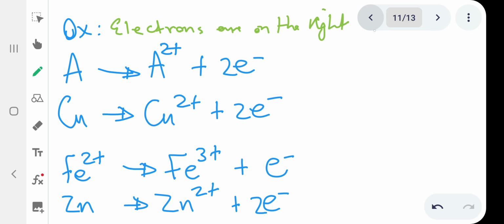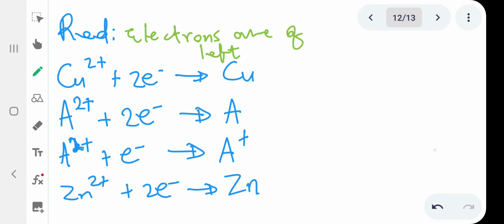So in this case, we have substances undergoing oxidation, so we have reducing agents here, and we have substances which undergo reduction, and we'd have oxidizing agents here.